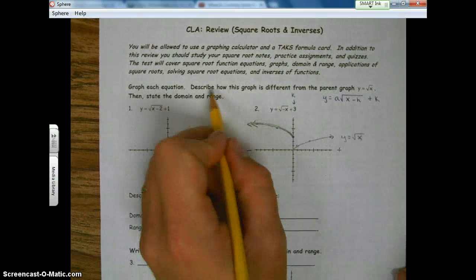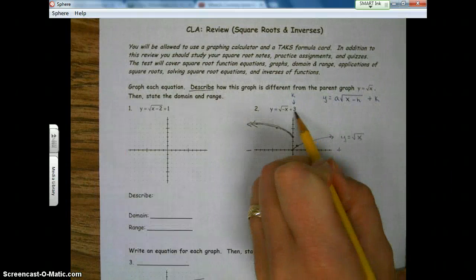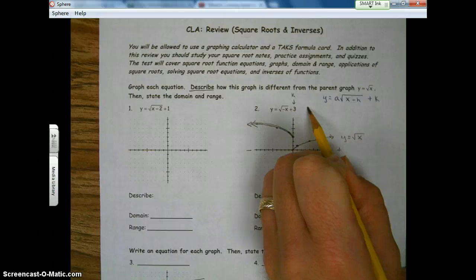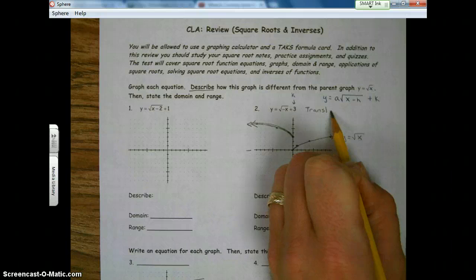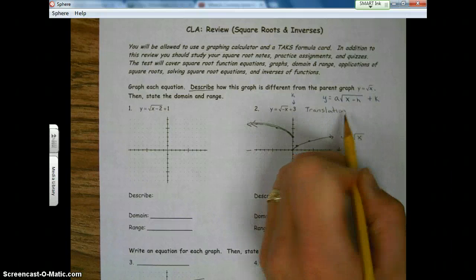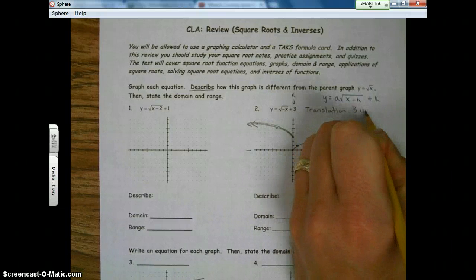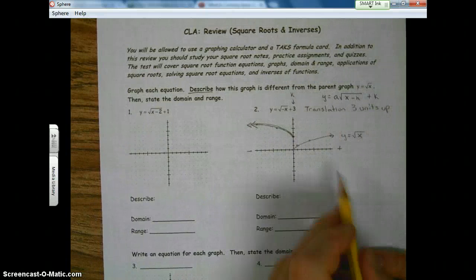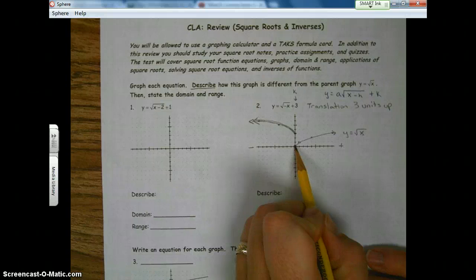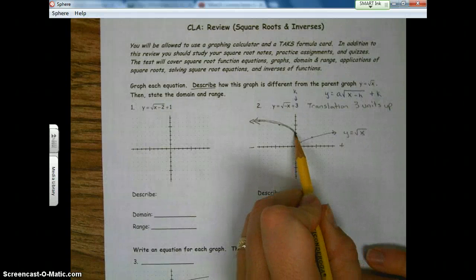So describe. Well, we have a translation three units up. Notice the special point moved up 1, 2, 3.